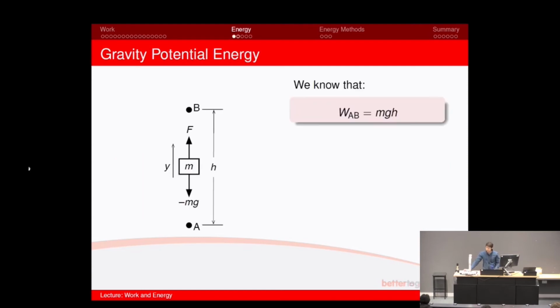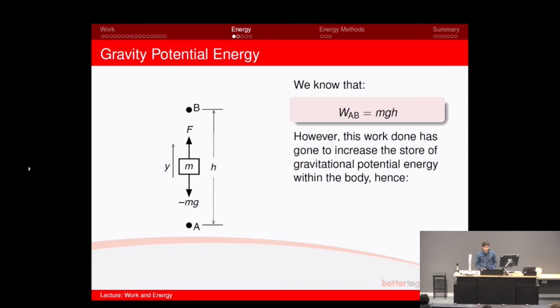We know that work done by gravity can be calculated as mgh. However, the work done has gone to increase the store of gravitational potential energy within the body. If I move it higher, its gravitational potential energy will increase. If I move it lower, it will decrease, depending on its height from the datum point.